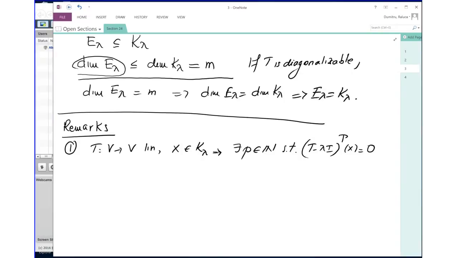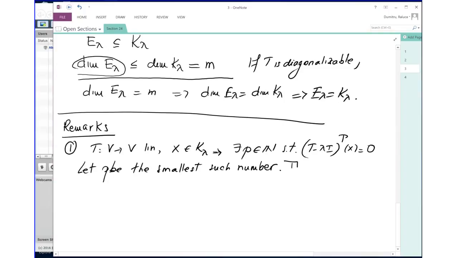So I'm going to say that usually p will be just the smallest such number. It's easy to increase it, but it's not possible to decrease it.